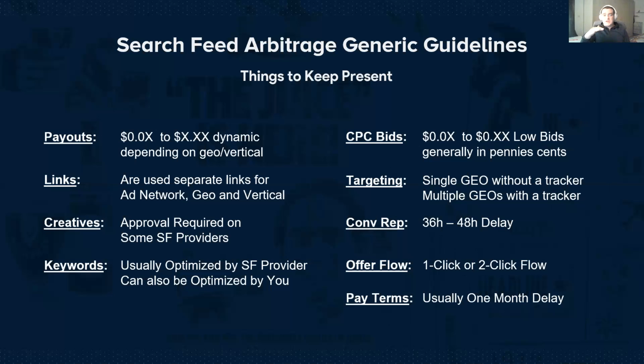I wouldn't suggest anyone go with 75 cents a click to start with these campaigns, because the flow has less friction and is more simple than a lead generation or e-commerce campaign where someone has to pull out their credit card or debit card to make the payment online. Here we can start with pennies or a few cents, like in Canada or the US, you can start with 7 cents, 9 cents, 10 cents, 11, 12, something like that.